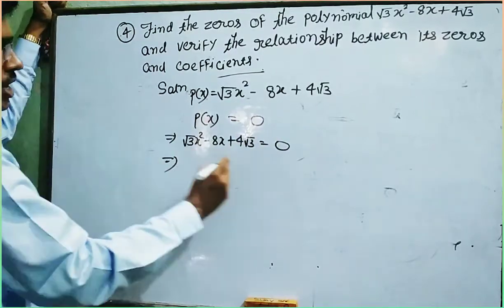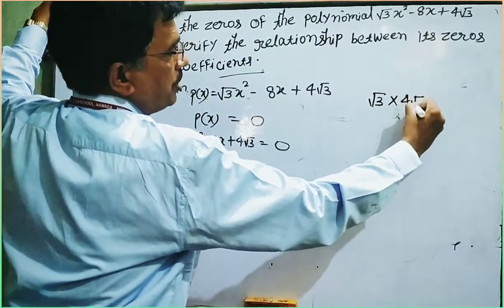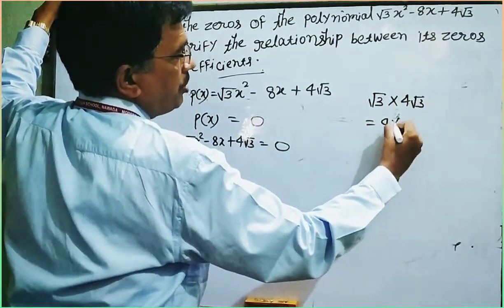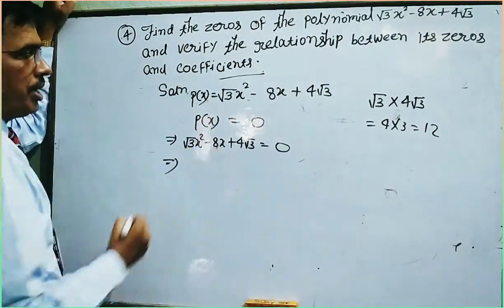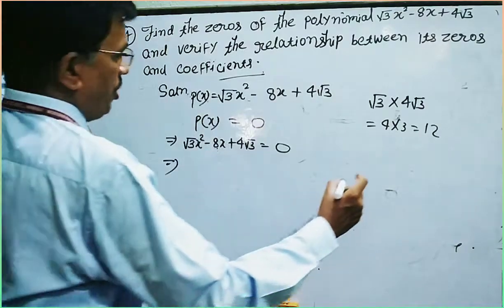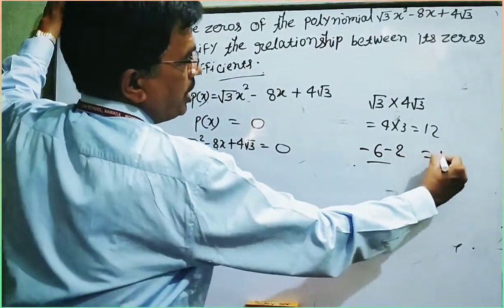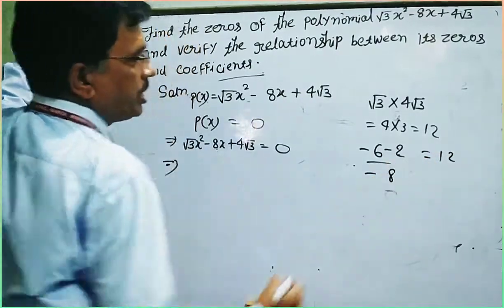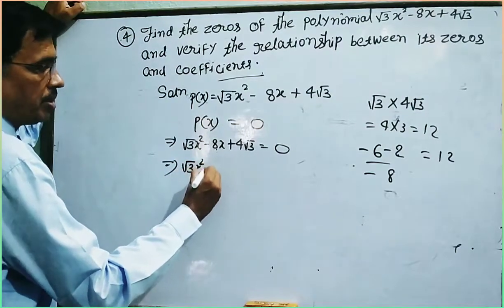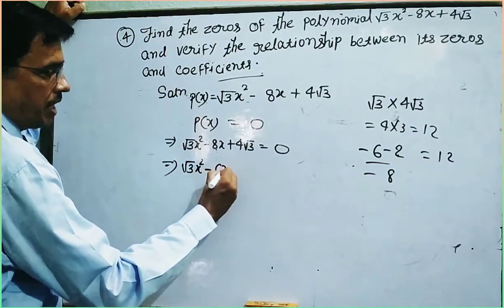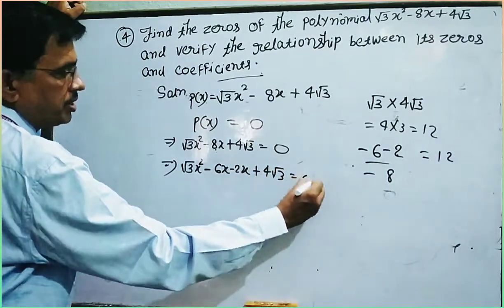Here root 3 and 4 root 3, then it is 4 into 3, that is 12, and you require 8. So you can write minus 6 and minus 2, then multiply and you get plus 12, and when you add, you get minus 8. So you write root 3 x² − 6x − 2x + 4 root 3 = 0.